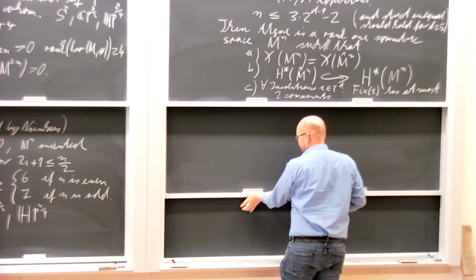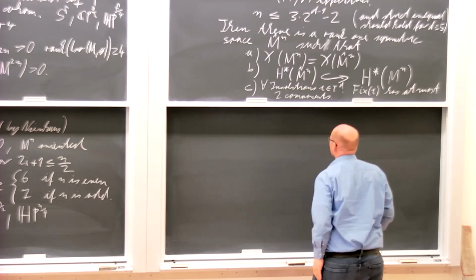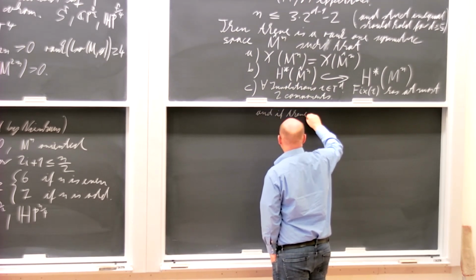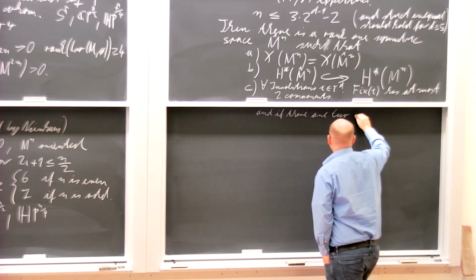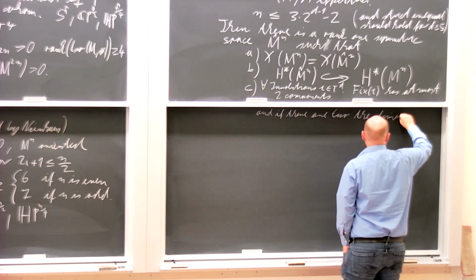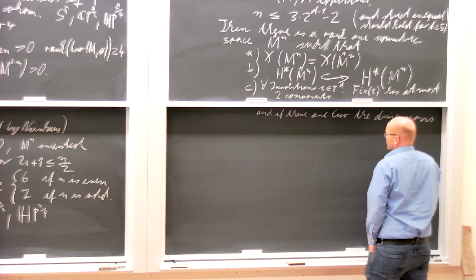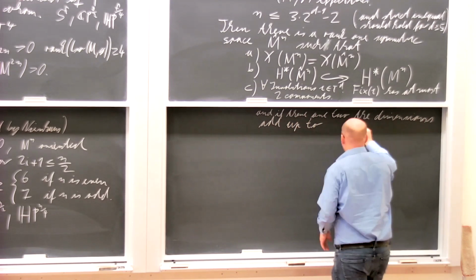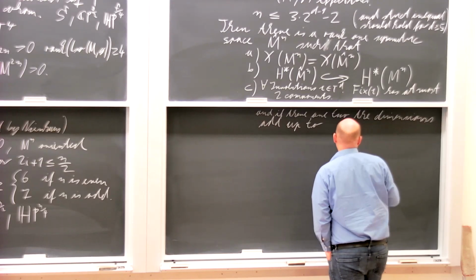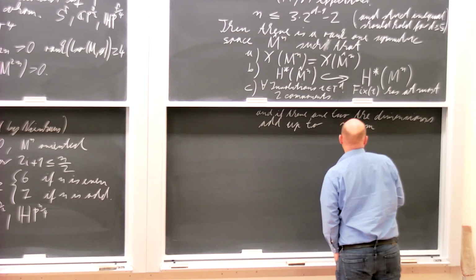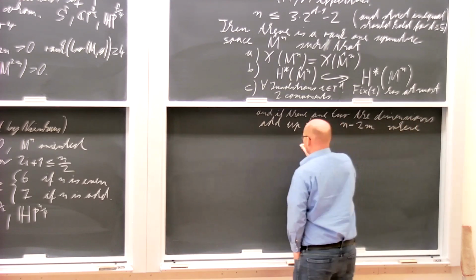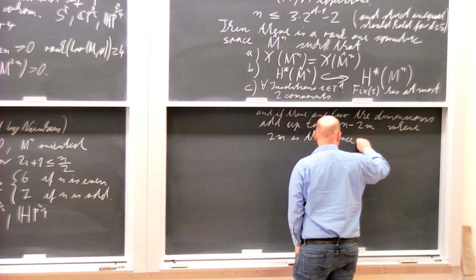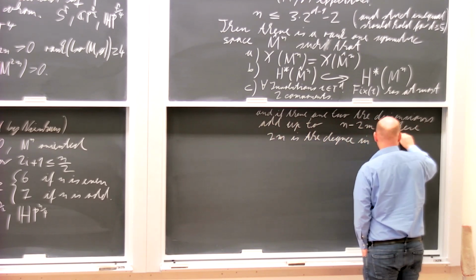And if equality holds, and if there are 2 components, the dimensions add up to n minus 2m, where 2m is a degree in which H^*(M hat) is generated.